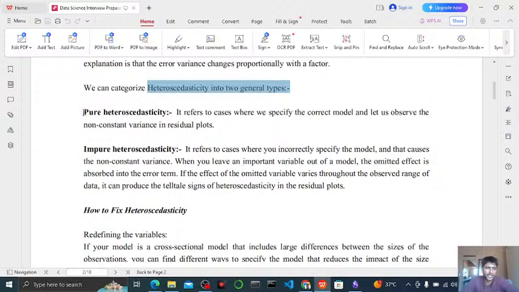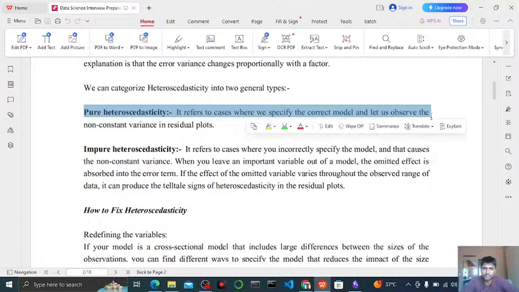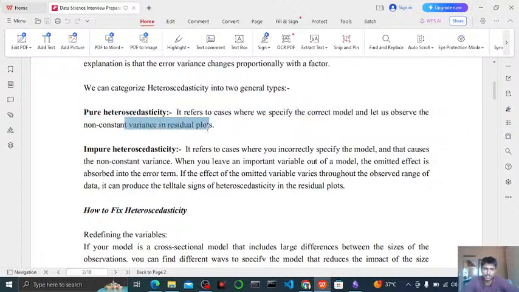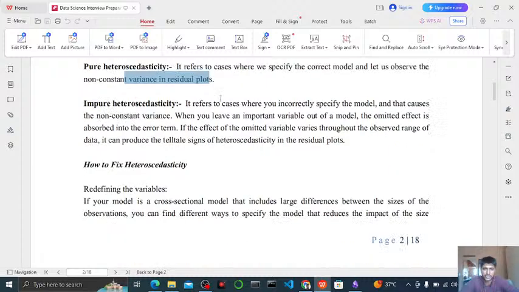Pure heteroscedasticity refers to cases where we specify the correct model and still observe non-constant variance in the residual plots. Impure heteroscedasticity refers to cases where you incorrectly specify the model, and that causes non-constant variance. In the pure case, it refers to cases where you specify the correct model.